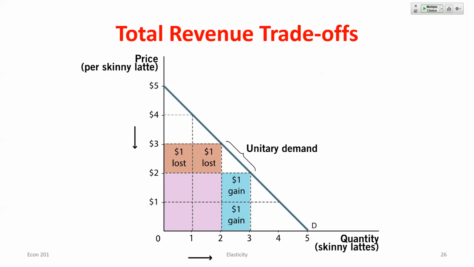So here, if I'm on the unit elastic point, going from $3 to $2, selling 2 units at $3 or 3 units at $2, that didn't change total revenue at all, even though there are still different prices in that range. Moving from 3 to 2, that whole portion was unit elastic. I know conceptually it is a little tough to think about. Unit elasticity is tougher to think about than elastic, which is why, like I said, on the exam I'll probably stay away from that a little bit more.